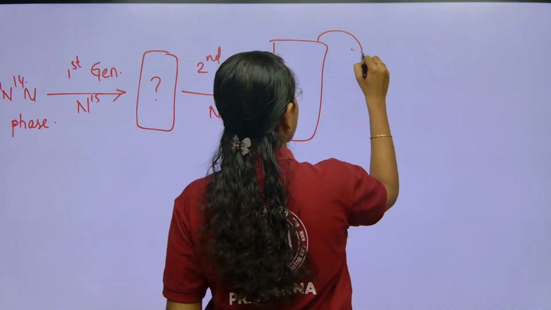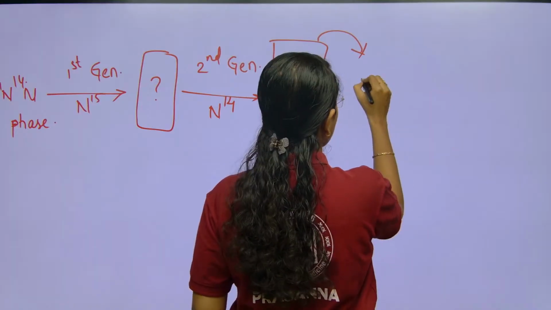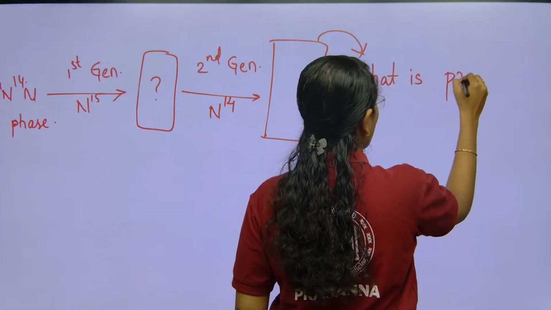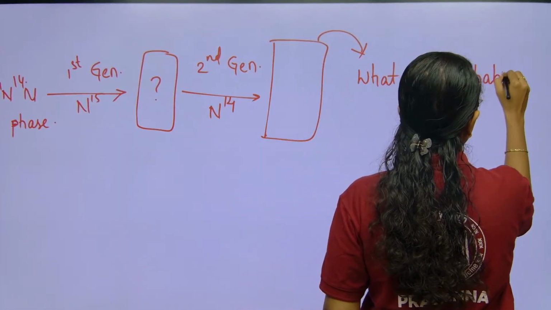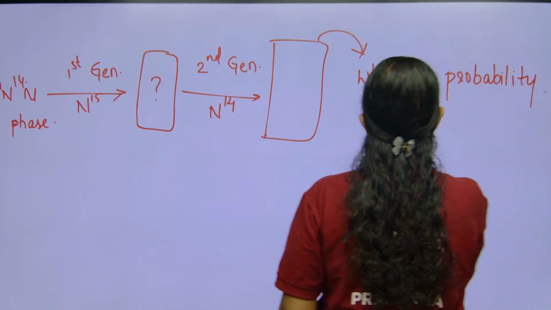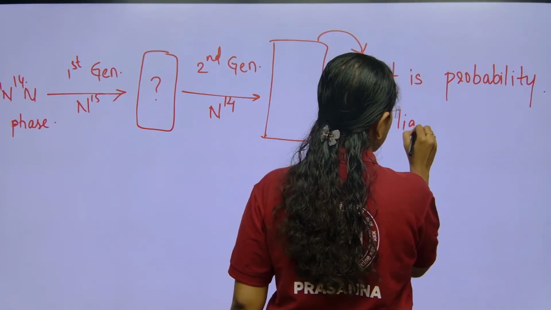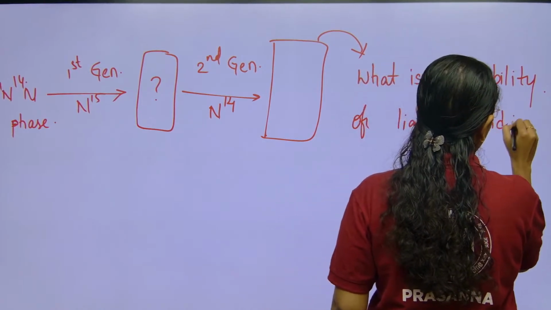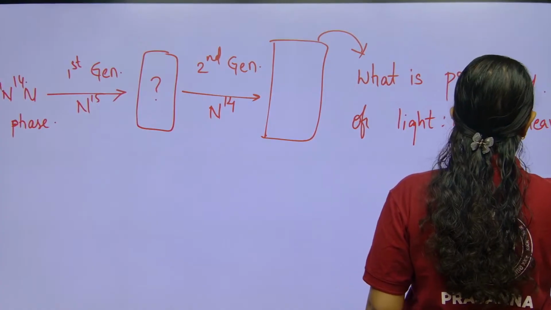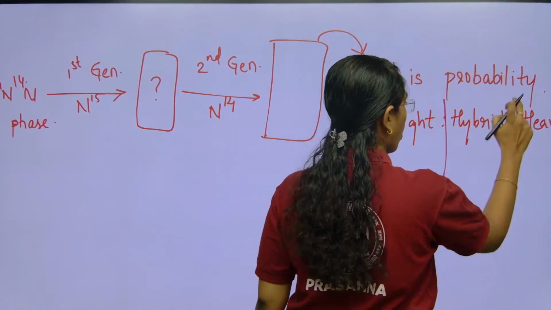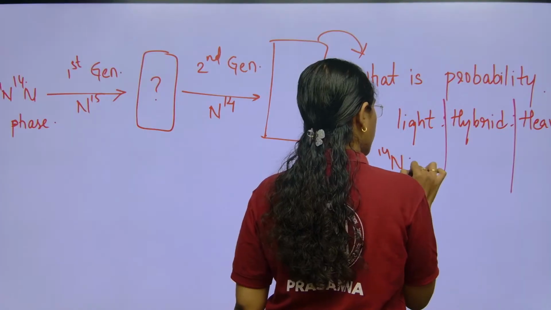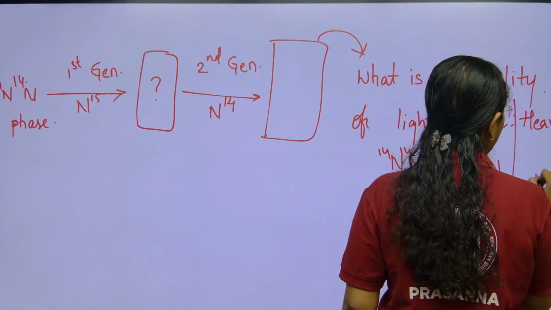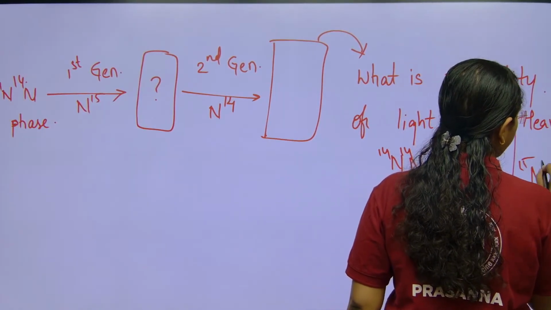So here after second generation, what is the percentage or probability of light strands, hybrid and heavy strands? In simple terms, what is the probability or ratio between N14, N14, N15, N14 and heavy, that is N15, N15?